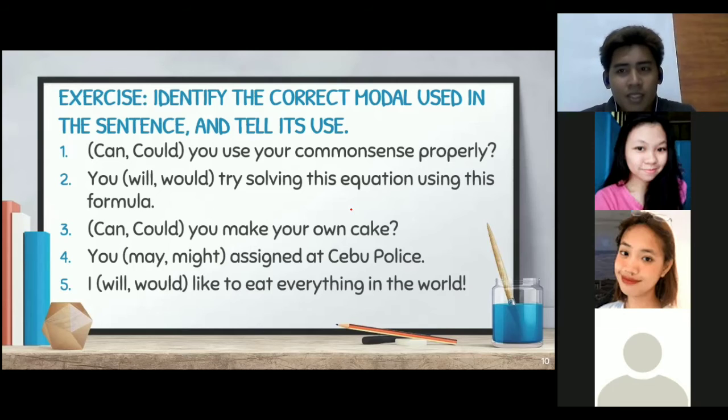Sometimes the modal verb relies rather on the emotion or the intention or the idea of the sentence. So these are 5 items. You have 3 minutes to prepare to answer it, and I will call you on the answers. Okay? So timer starts now.